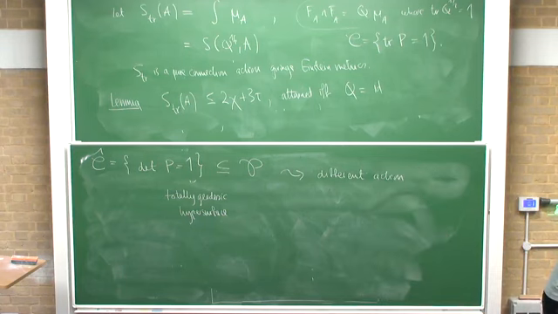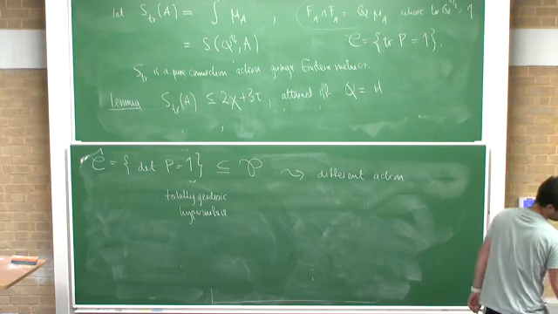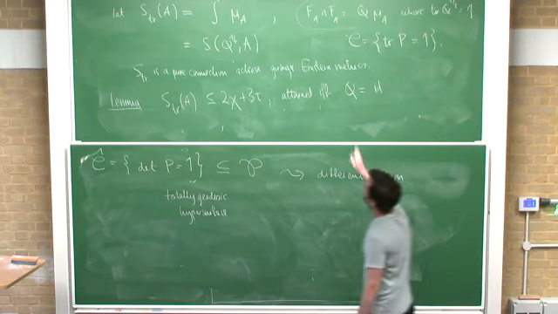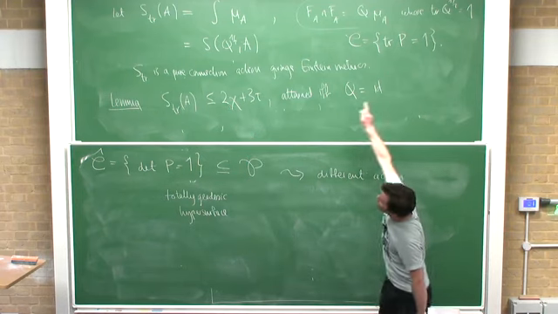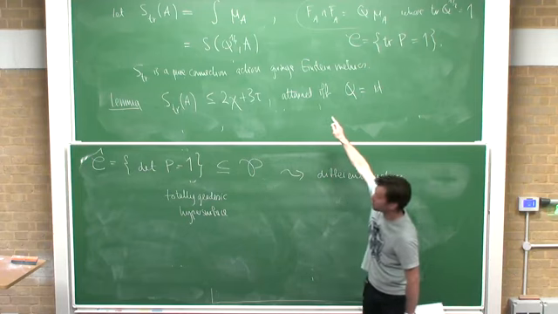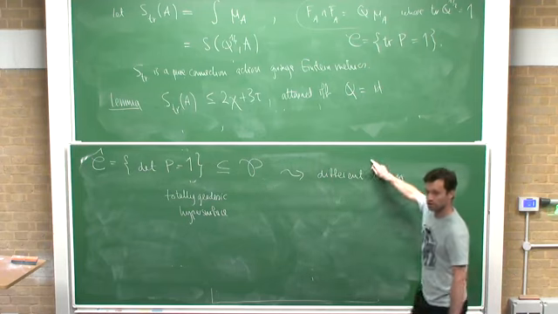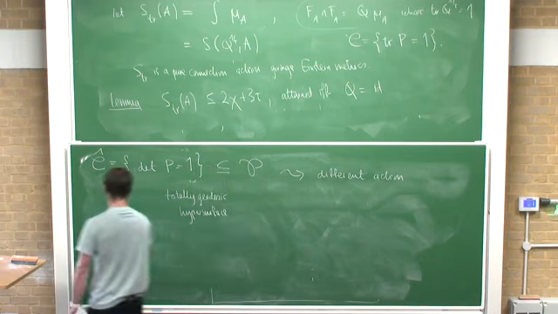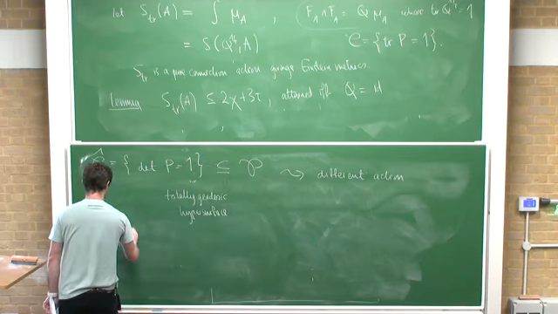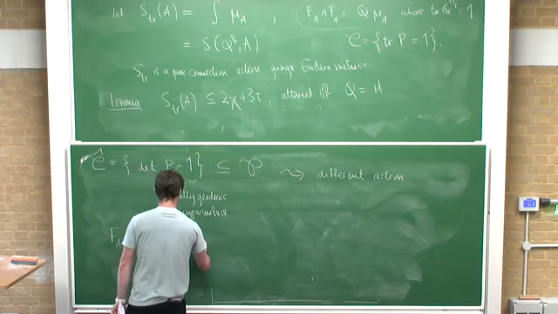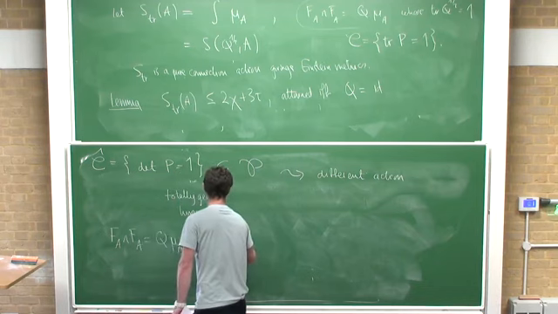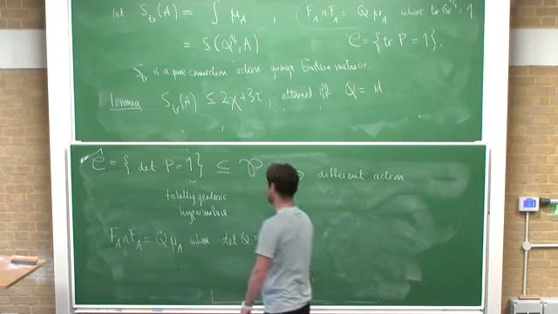Let me just check my notes so that I don't get things wrong. Okay, so here, when I took trace P equals 1, I converted the action into an action purely in terms of connections. You can do the same thing here, and let me just tell you what the answer is. This time you take FA wedge FA equals Q mu A, where now the determinant of Q equals 1.